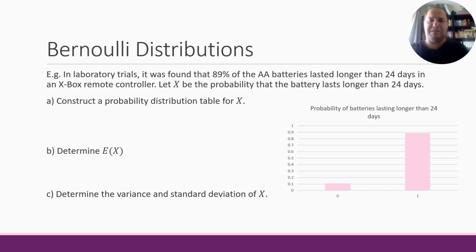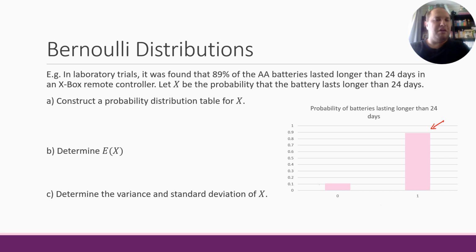We've got 0, the probability of our battery not lasting longer than 24 days, which is about 11%. And then you've also got the probability of a battery lasting longer than 24 days, which is this big 89% column here. And that's all it is for the distribution, just graphing our probabilities for 0 and 1.